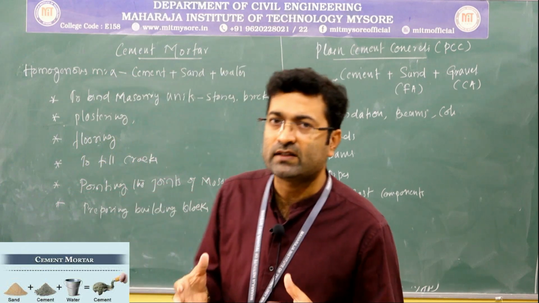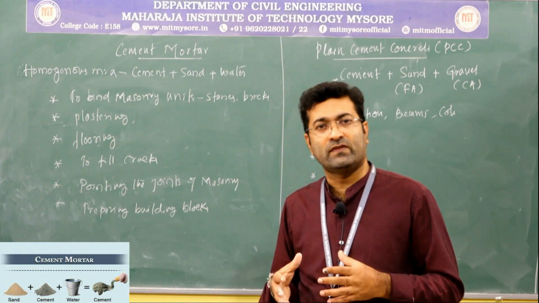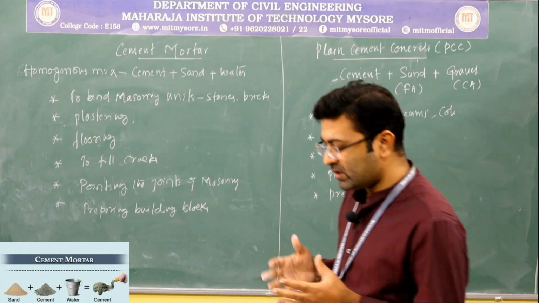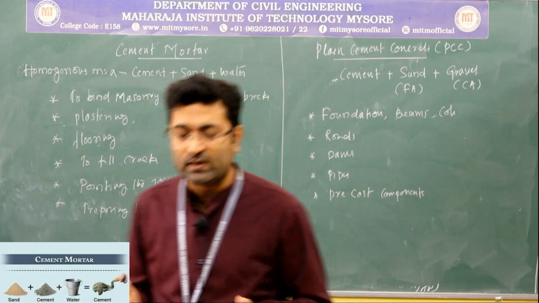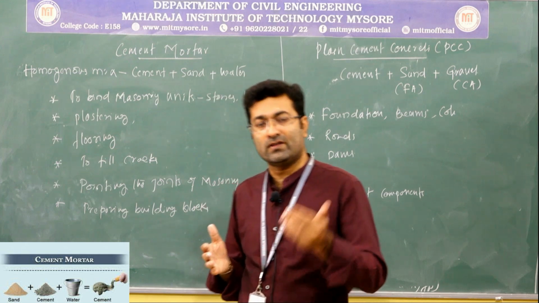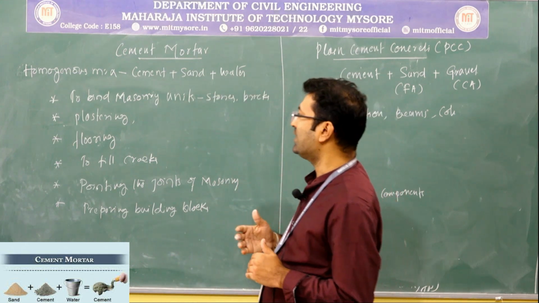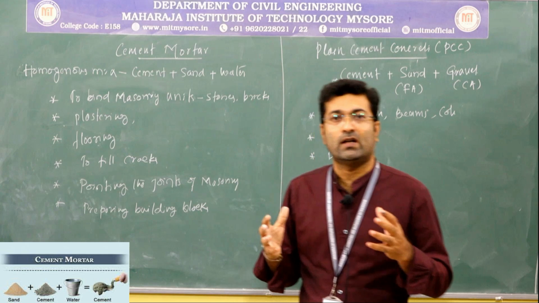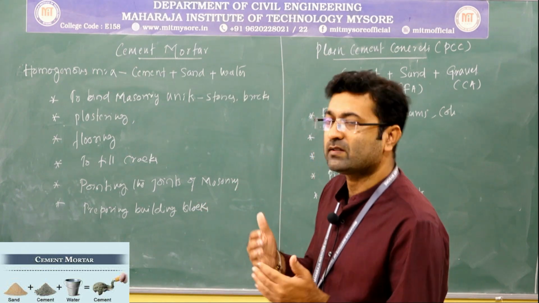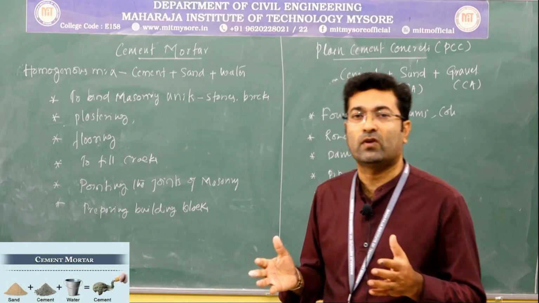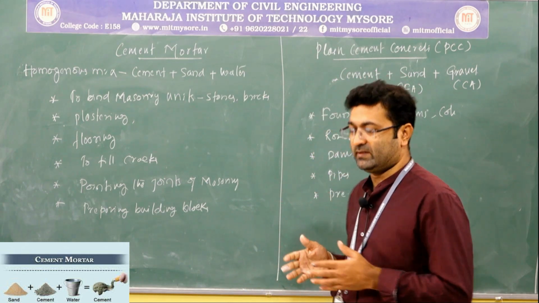Sand and cement are mixed first in a proper ratio, uniformly and thoroughly, to achieve a uniform color. Then to this dry mix, we add the water. After adding the water, we mix thoroughly, and the result we have is the mortar mix.